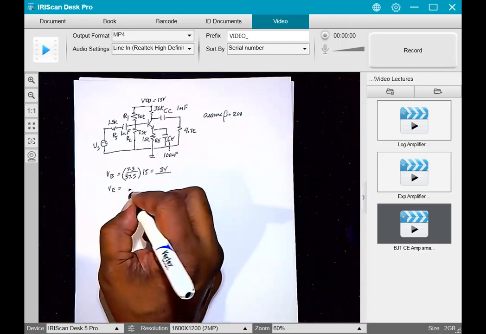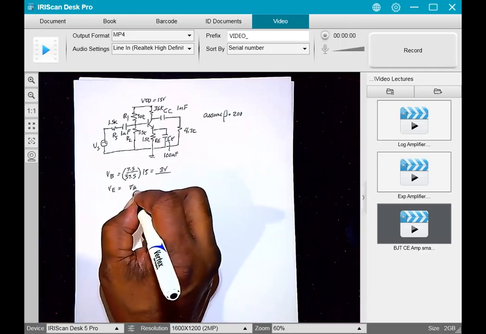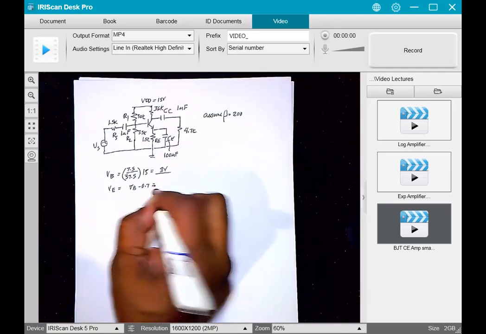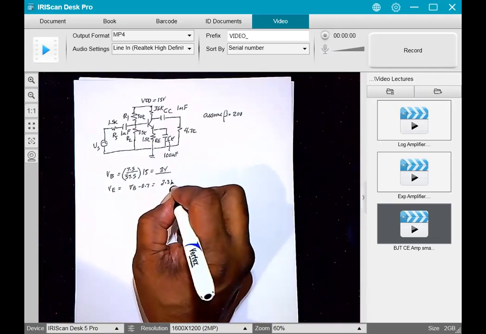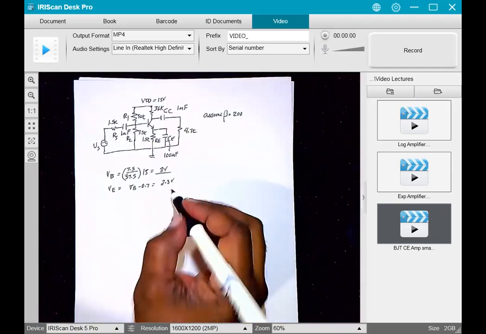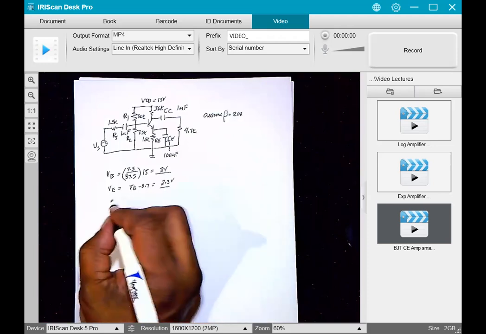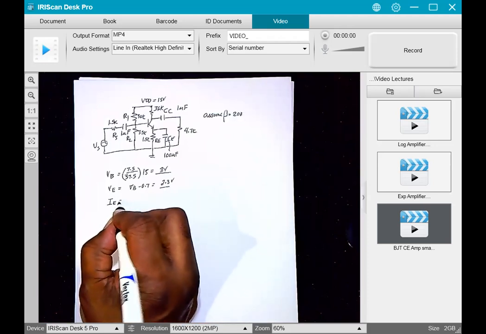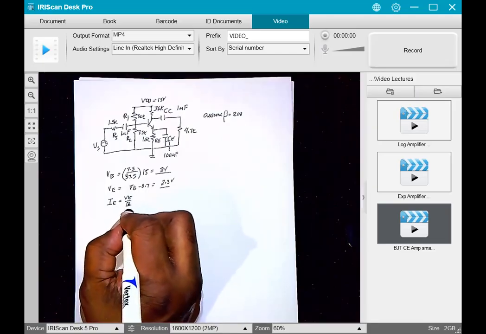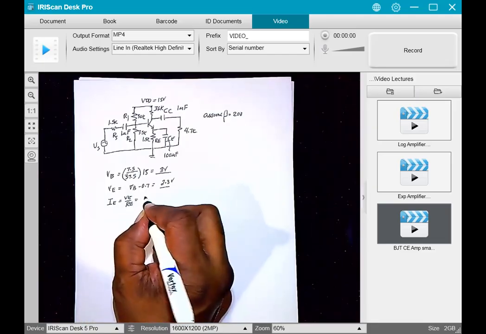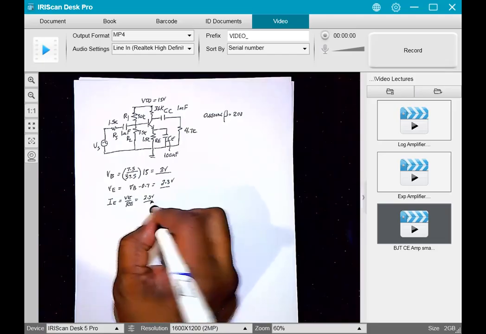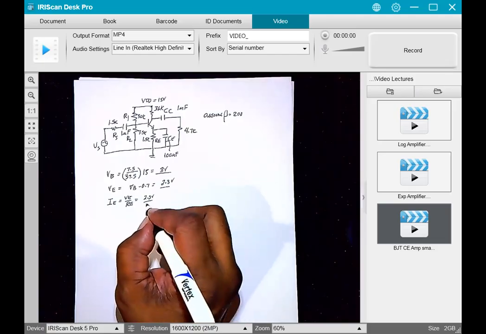Then VE is VB minus 0.7, which is 2.3 volts. Then IE is VE over RE, 2.3 volts over, was it 1.5K?